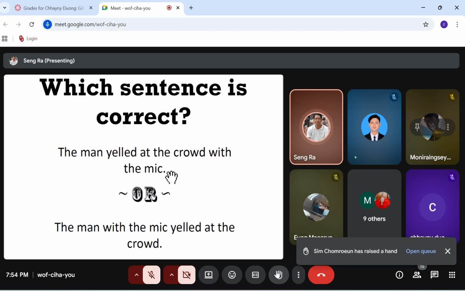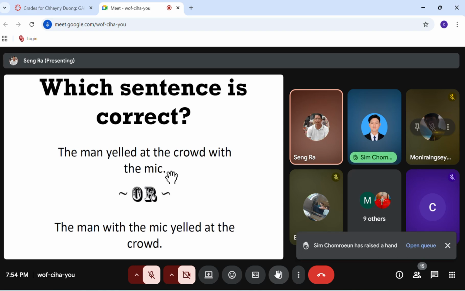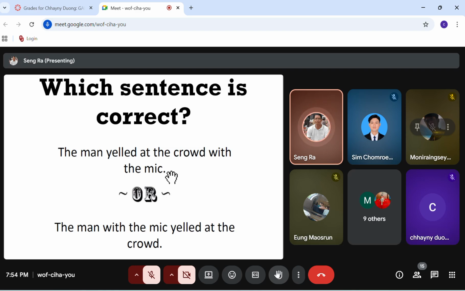Okay, can you say something? Yeah, please. I think the second one is correct as well, teacher. Okay, second one too. You agree with Chandy? Okay. How about Jamal Red? Second one. So you all agree. Second one.